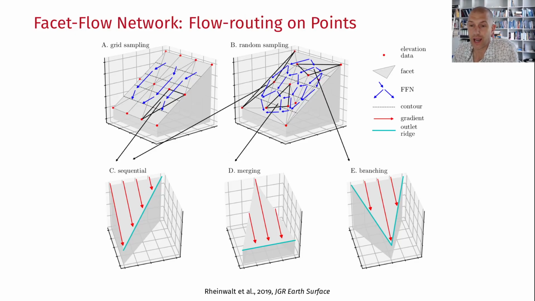So the idea here is to generate a facet flow-based network that does the flow routing. If you end up at an area where you cannot find a lower-lying immediate neighbor, you can enhance the search to a longer distance that allows you to create a tunnel, and you continue the flow routing.